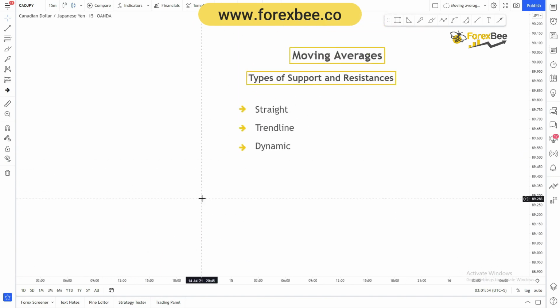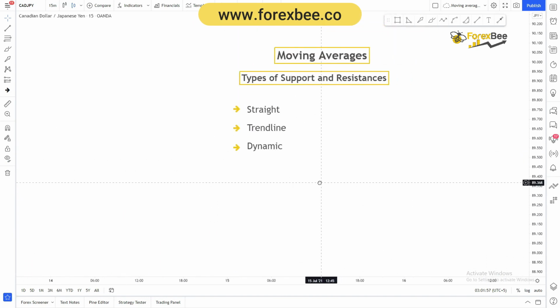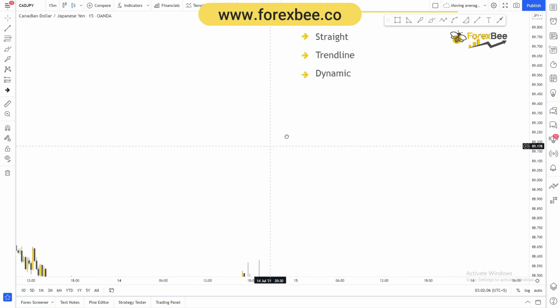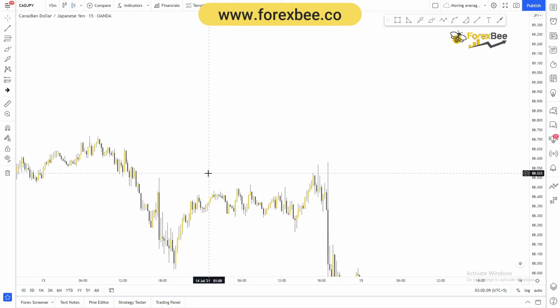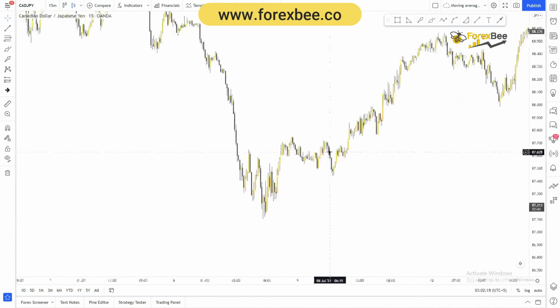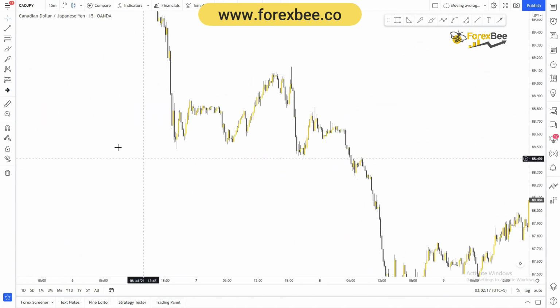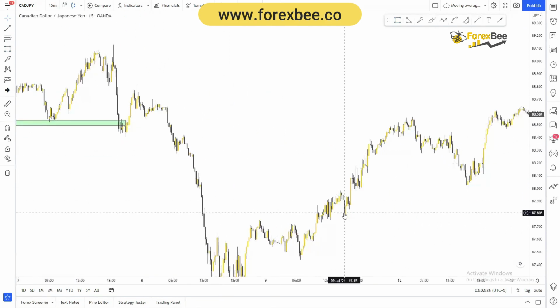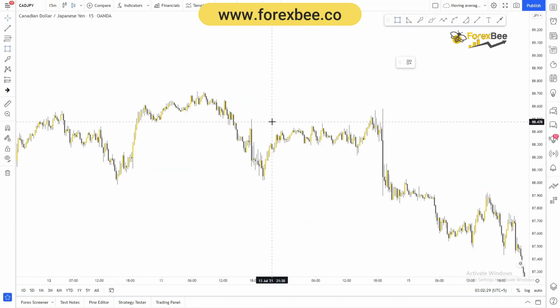And now let me discuss the types of support and resistances that exist in technical analysis. So the first one is the straight support or resistance. Straight support or resistance means that whenever we draw a straight support or resistance level, like here you can see that this zone can act as a good support, or we can say that this zone here is basically a good resistance level, because you can see the price touching and coming down.